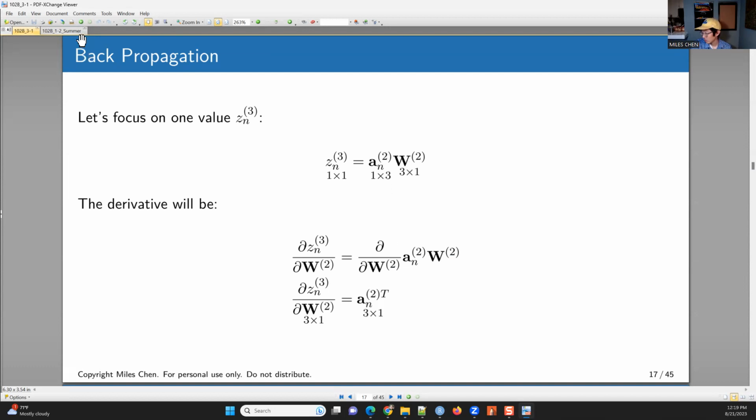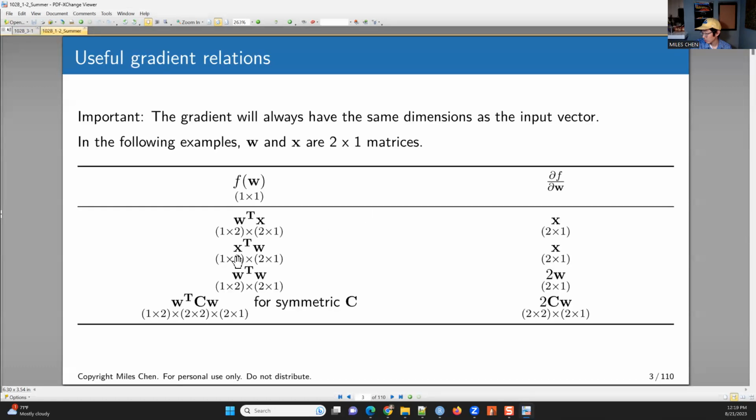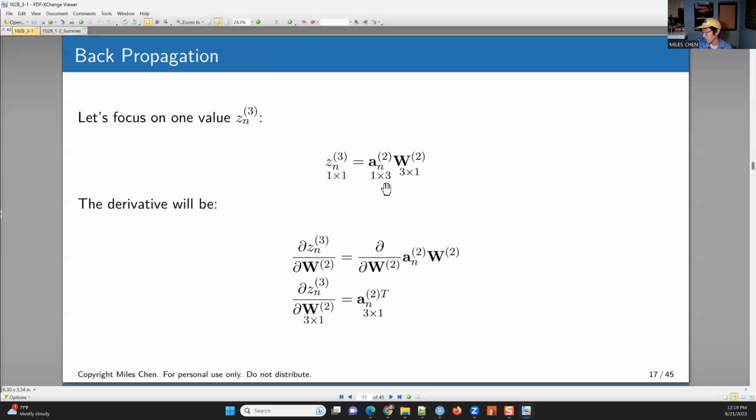Because here we were assuming X is 2 by 1 and X transpose is 1 by 2. Here A is a 1 by 3, and so A transpose is going to be 3 by 1. Remember, W is a 3 by 1 matrix, and so the gradient of Z sub n with respect to W, because W is a 3 by 1, also has to be 3 by 1. So that's why it's going to be A2 transpose here.